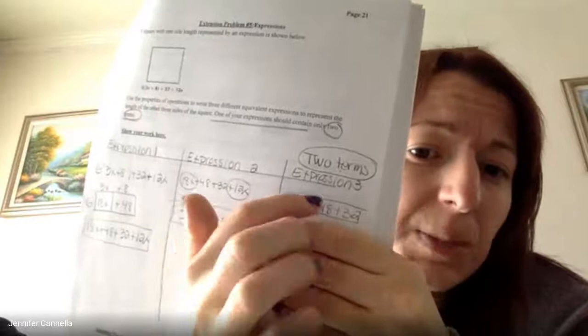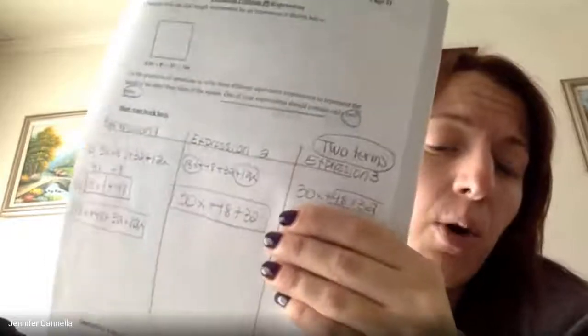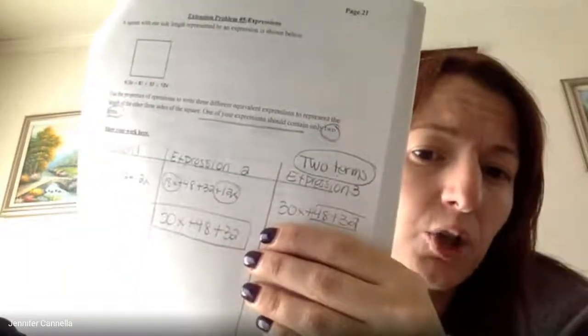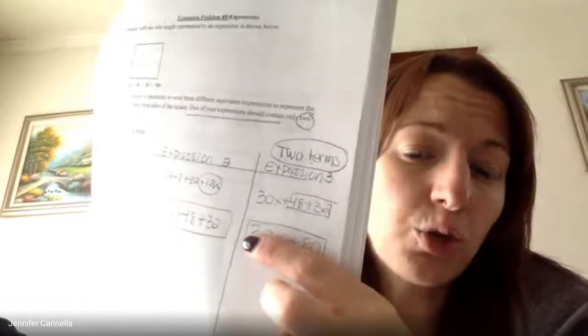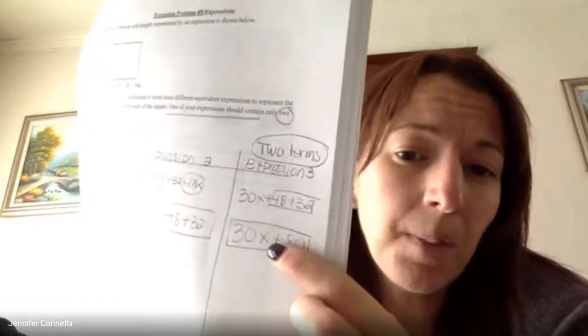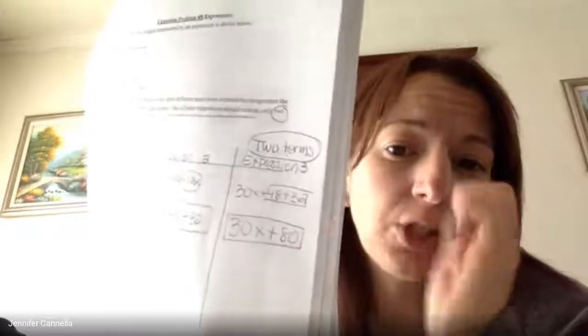So 30x plus 48 plus 32. Well, I know that I can put together these terms because they are both whole numbers. So when I put together 48 plus 32, I get 80. So 30x is one term plus 80 is your second term. And there is the answer to expression 1, 2, and expression 3.